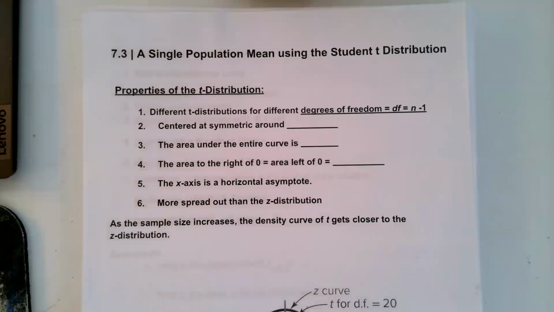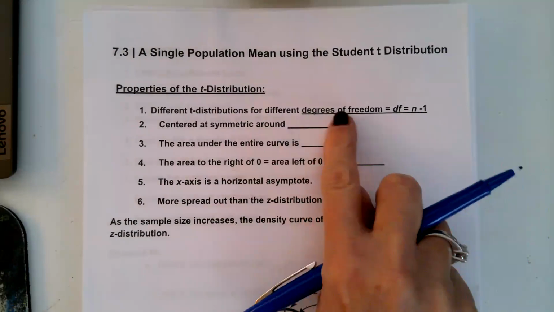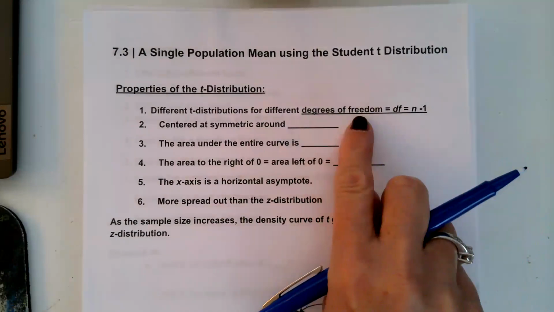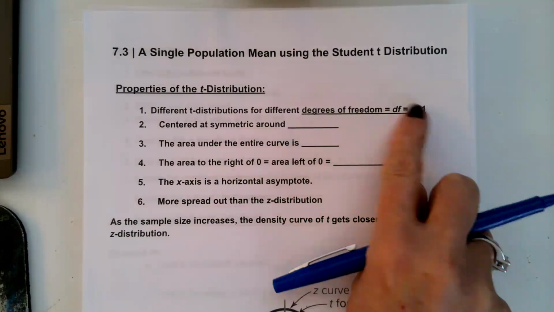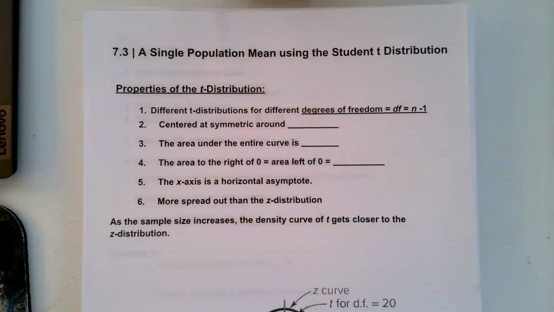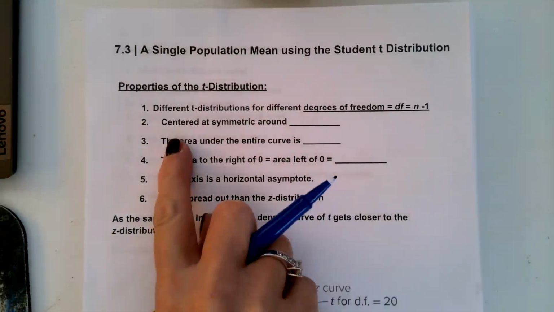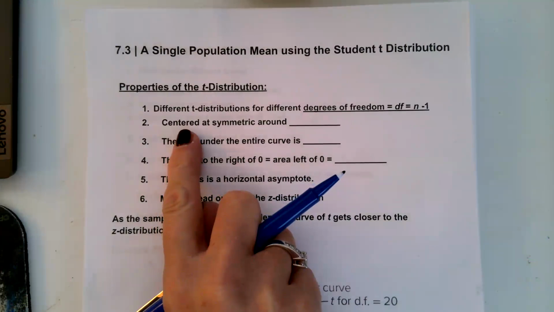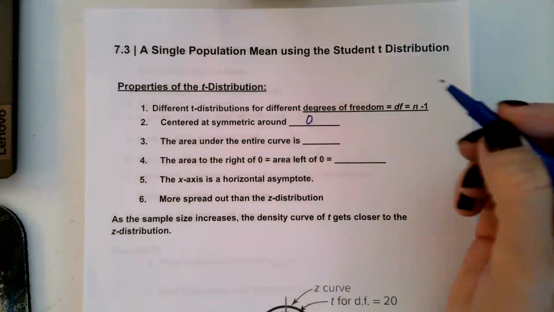And there's some characteristics about the T distribution that we have to go through. One is we have to use this thing called the degrees of freedom, and that's n minus 1. So your sample size minus 1. We'll have to use that when we are coming up with our critical T values in Desmos. Also, the T distribution is centered and symmetric around 0, just like the normal curve.